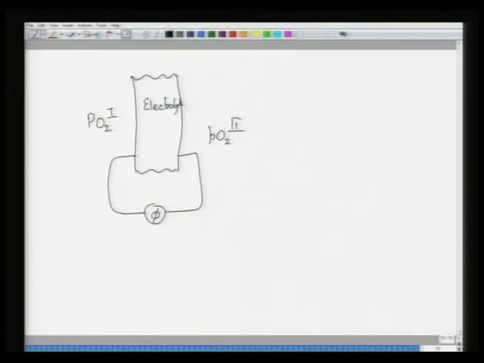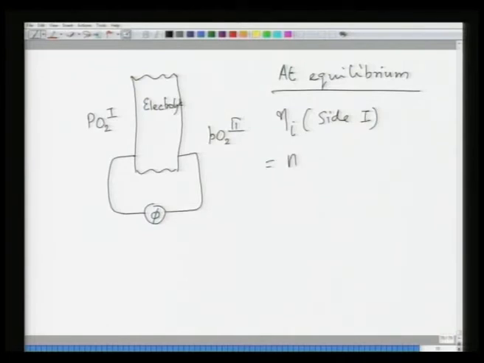Now, what will happen at equilibrium? At equilibrium, the electrochemical potential of side 1 will be equal to the electrochemical potential of side 2. So, I define eta I 1 is equal to eta I 2, because at equilibrium the overall electrochemical potential has to be equal. Now we know what eta I 1 is.